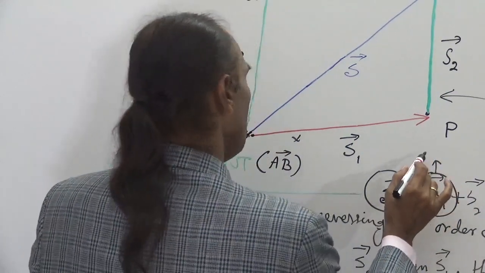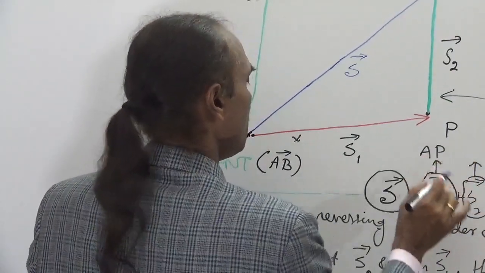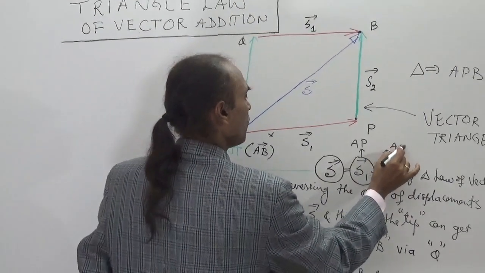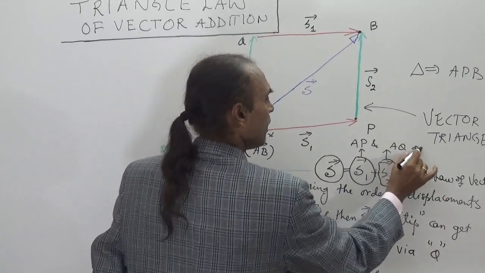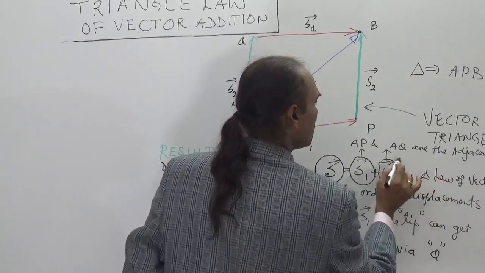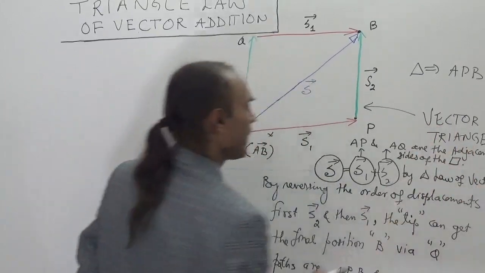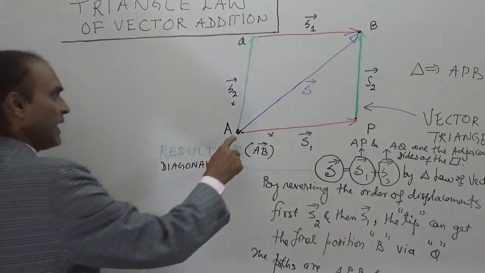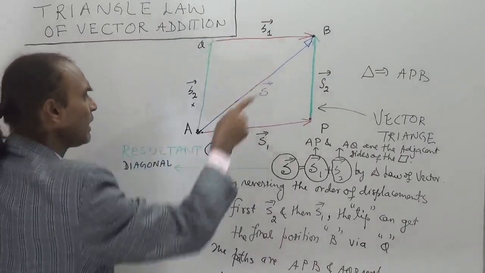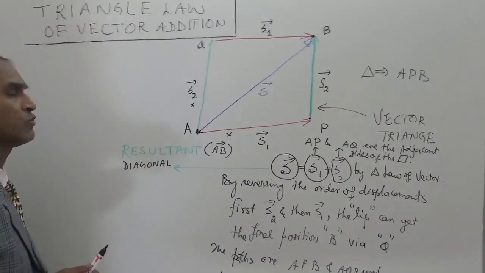S1 is represented by the side AP and S2 is represented by the side AQ. AP and AQ are adjacent sides of the parallelogram. If the adjacent sides of the parallelogram represent these two vectors S1 and S2, the diagonal AB is the resultant of these two vectors.